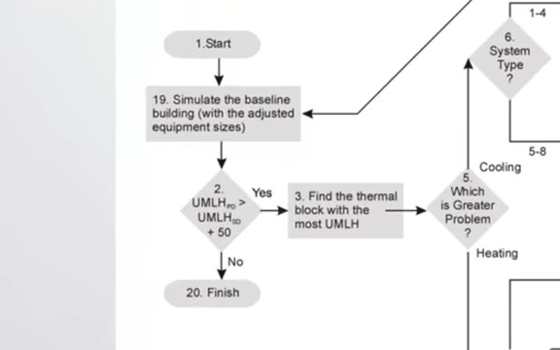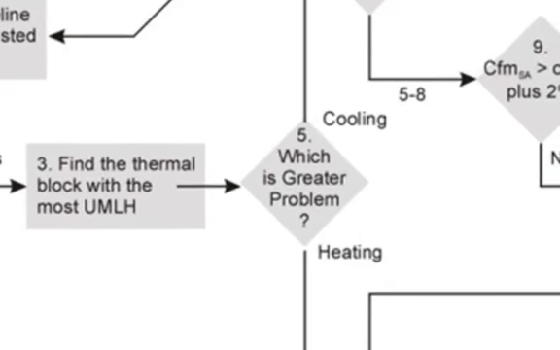So the process begins by looking to find the thermal block in the model that has the most unmet load hours, because unmet load hours need to be reduced. This is step 3. After that, you then look to see which is the greater problem.